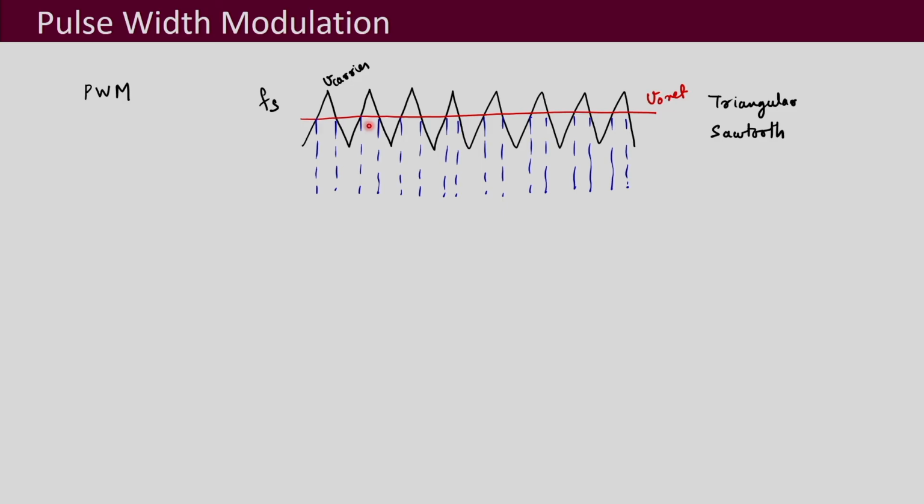So, accordingly what we can draw is like this, it will be 1 when VO ref is greater than V carrier, else it will be 0. So, we will be getting a pulse like this, and this is also called the gate pulse because this is given to the gate of the IGBT or the MOSFET. Okay, so, this is the gate pulse.